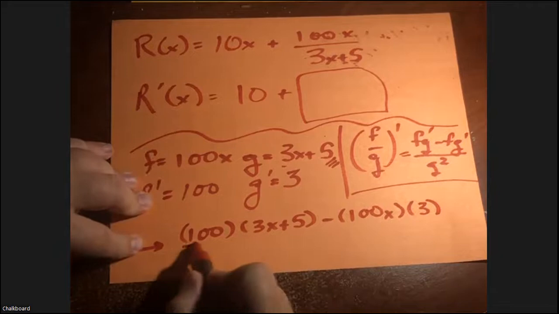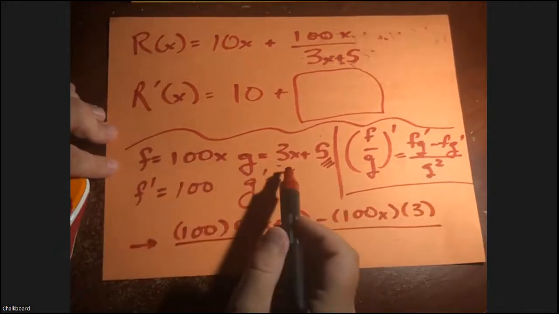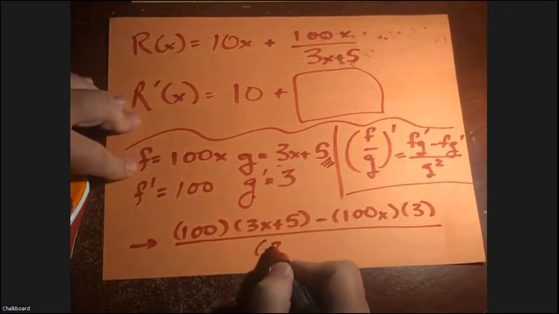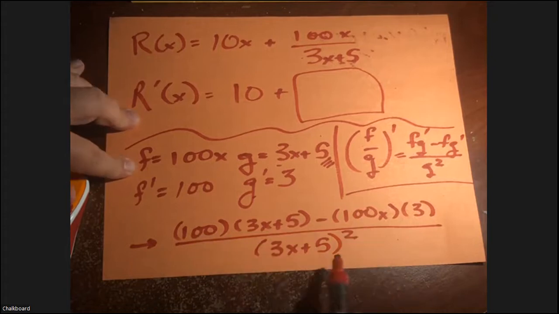And then all over g squared. Now g is this expression here, 3x plus 5. So just write it this way. This is the derivative that goes in here.